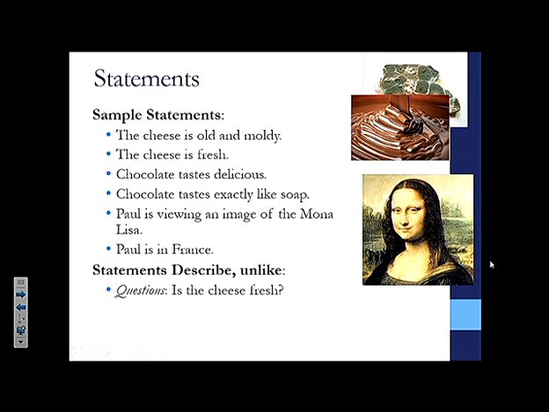Questions and statements don't exhaust sentences, right? We have commands. Throw out the cheese. Sit down silently. Clean your room. These are instructions. But again, these aren't sentences that are either true or false. Commands can be good or bad. Commands can be rightly or wrongly given, maybe, surely.